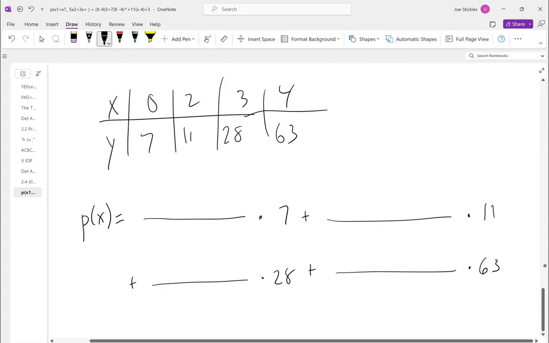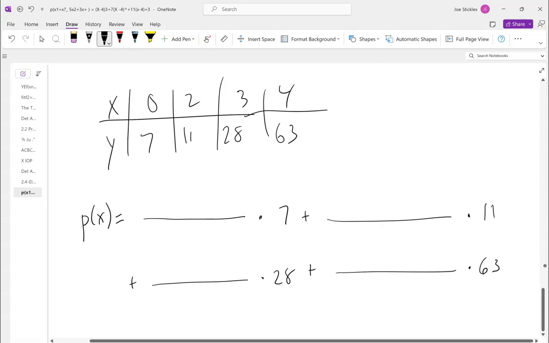For 7, let's think about the other values, right? For 7, I want this coefficient to be 0 when we plug in the other ones, right? The 2, 3, and the 4. I want it to be 1 when I plug in 0, right? I want it to be 0 for the other ones.